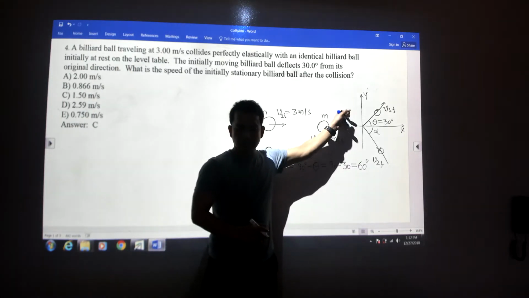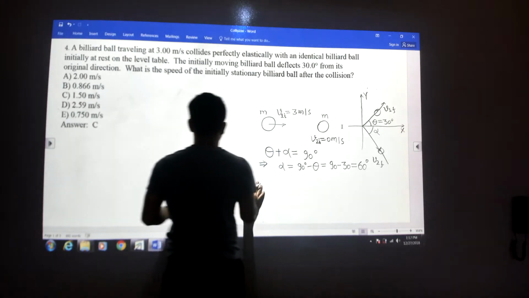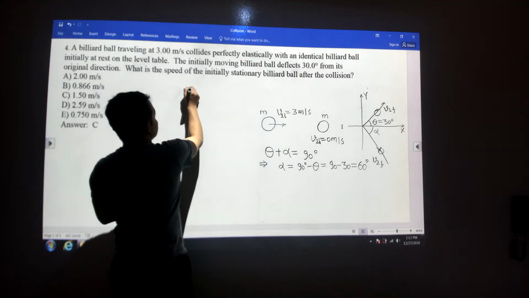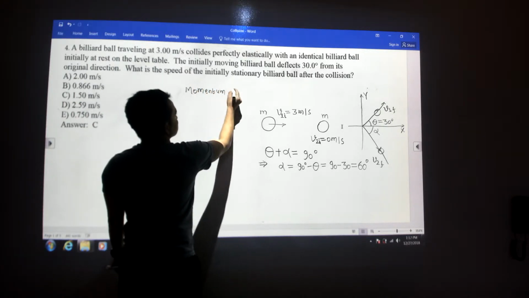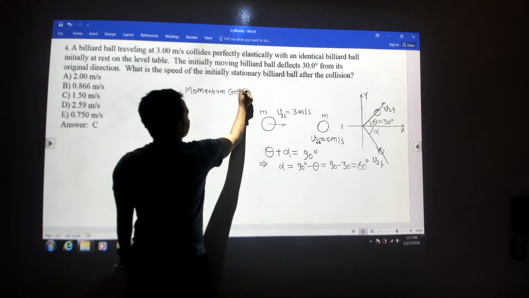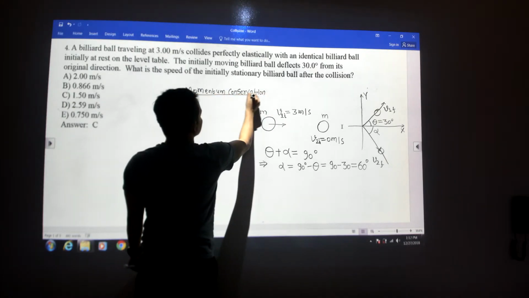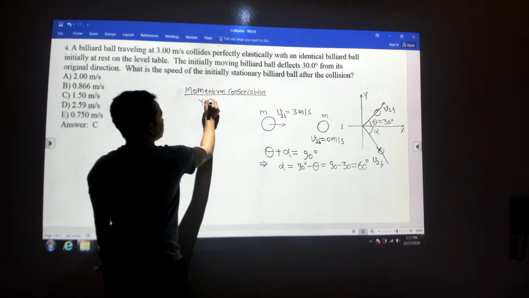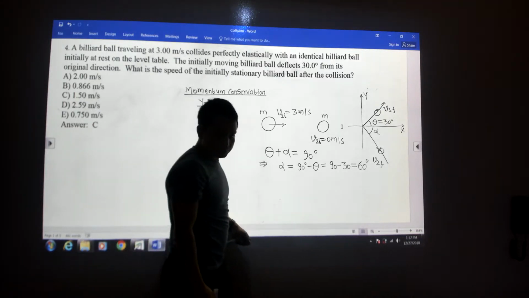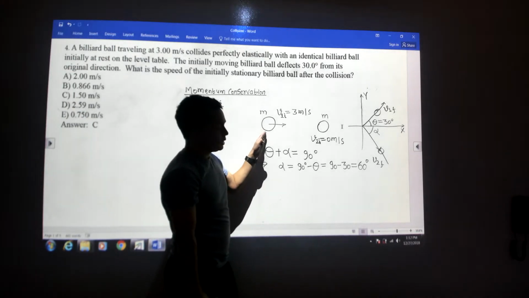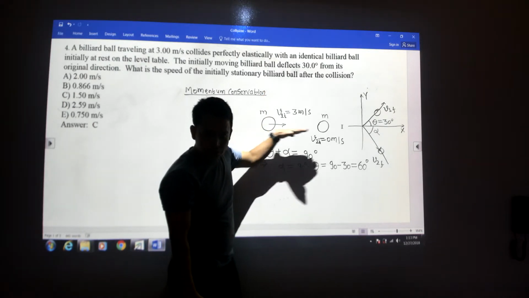Along the y-axis, the momentum of this ball is 0 because it is moving along the x-axis.